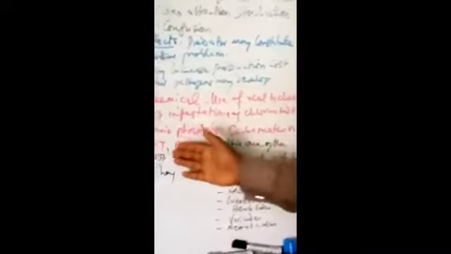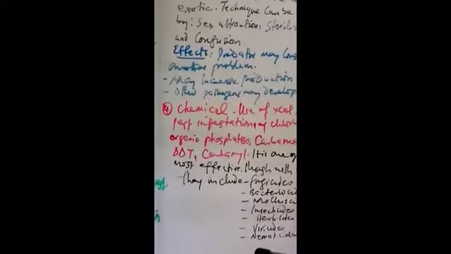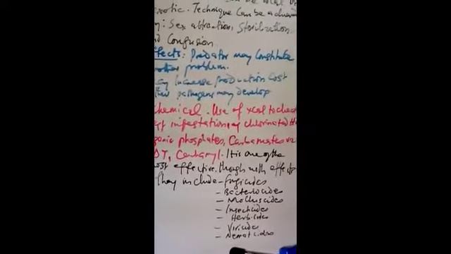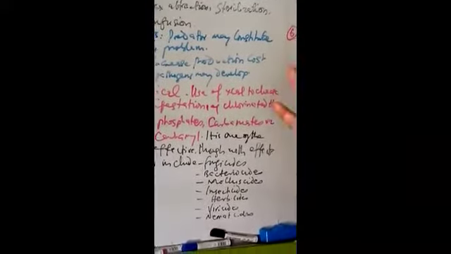Some of these chemicals could be chlorinated hydrocarbons, organic phosphates, or carbamates, things like DDT or carbamyl. It is one of the most effective ways of controlling pests, though it has its own effects, such as pollution of the environment, bioaccumulation and poisoning of organisms.